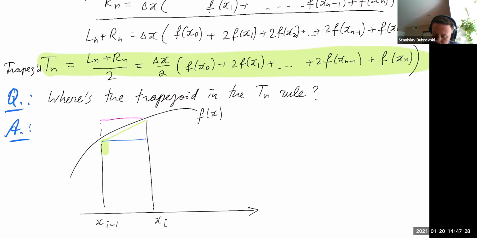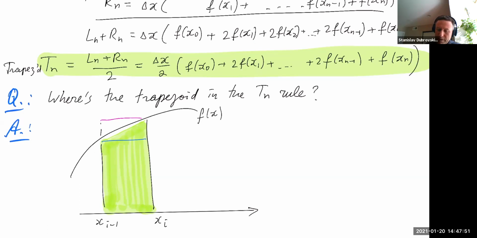So I have to be careful not to highlight too much. I just mean this trapezoid. So of course, I'm missing out this part. And that's why it's an approximation, not the exact value of the integral.